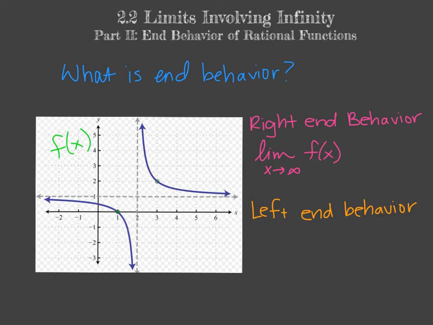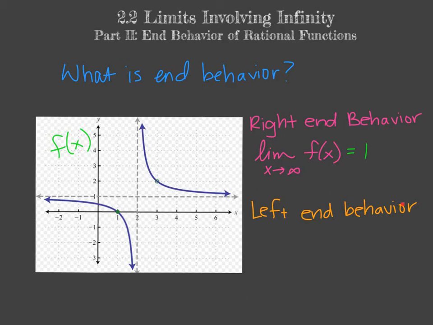Now, in this specific graph, which I'm calling f of x, as x gets very, very large, we can clearly see that our graph is approaching where y is 1. So that is just for this example, so I'll write in green, that this right end behavior happens to be 1.